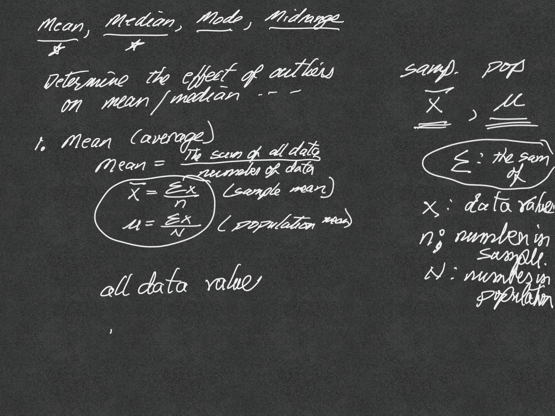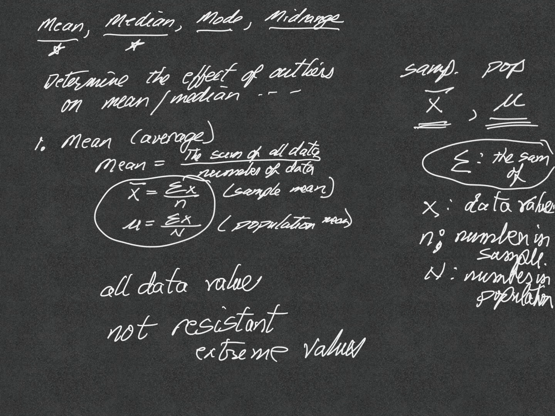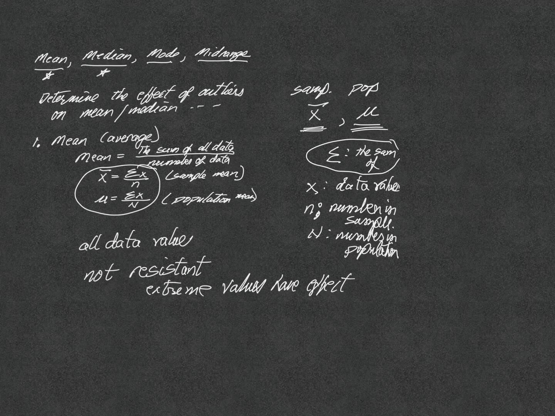Means are not resistant, all right? And what does that mean? Resistant means extreme values have an effect, all right? Okay? So suppose I take a bunch of you out of class and I find your average working salary.